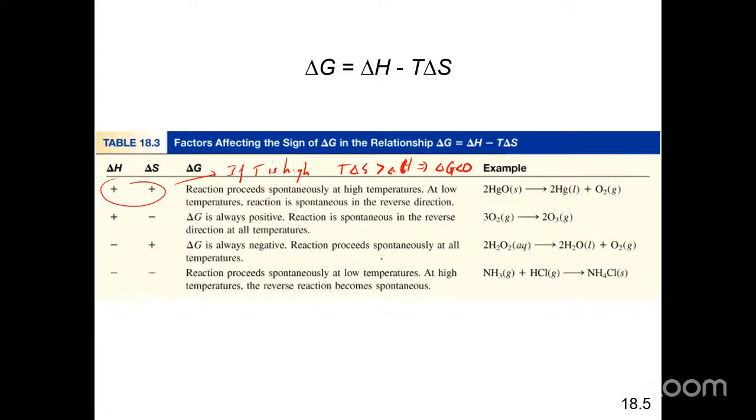Now, if T is low, then the opposite is true, right? In fact, let me write that here. If T is low, then delta H would be greater than T delta S, which means that delta G would be positive. Delta G would be positive, not negative. I don't know why I did that there.